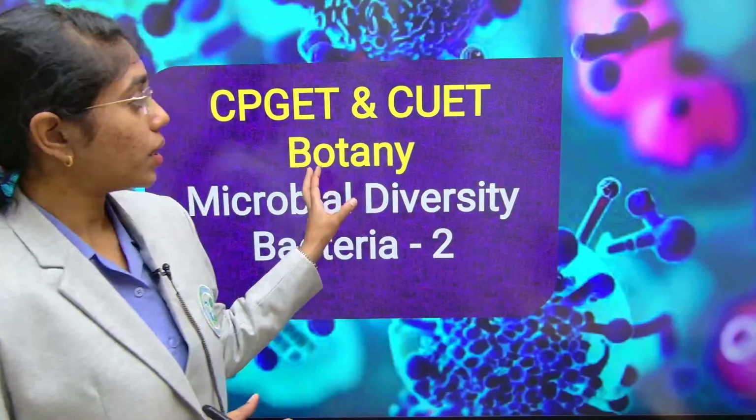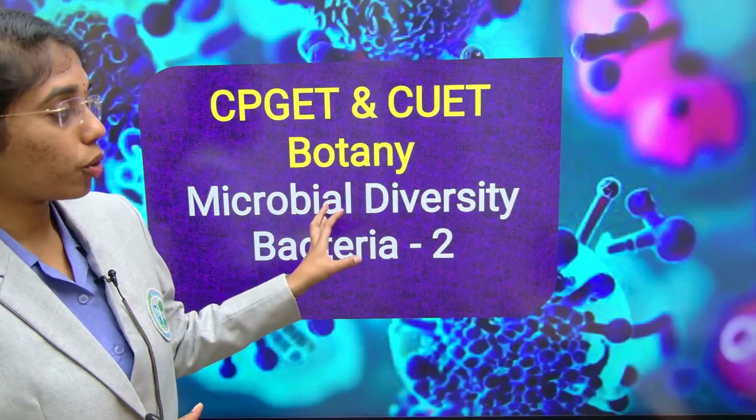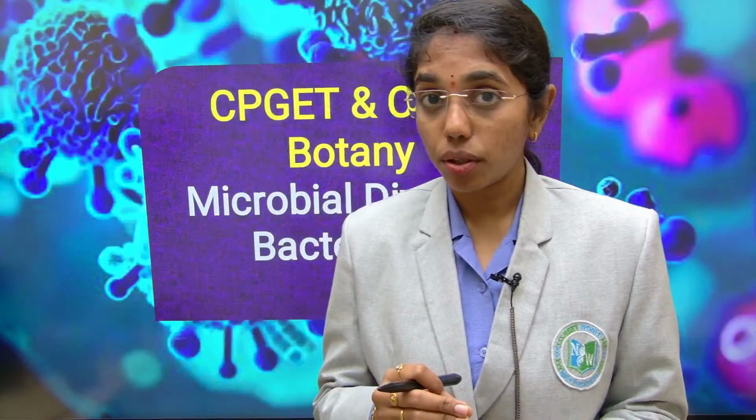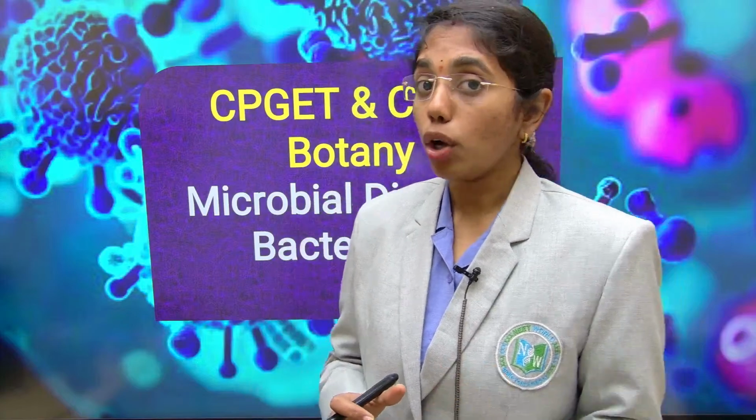In our previous session, we dealt with Microbial Diversity 1 from our CUET syllabus. In today's session, CUET session 2, we are going to cover Microbial Diversity 2, wherein from bacteriology we will start from sexual recombination, where we will learn conjugation, transduction, transformation, followed by the economic importance of bacteria, and then infections caused by bacteria.